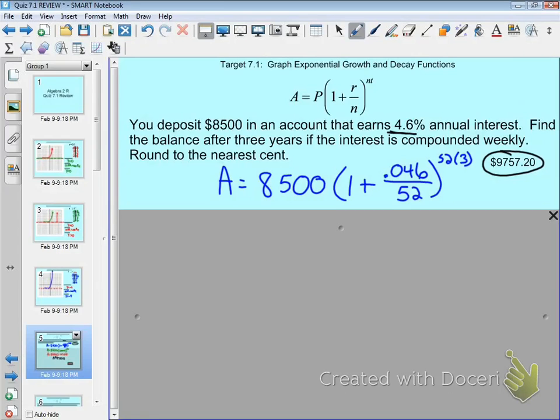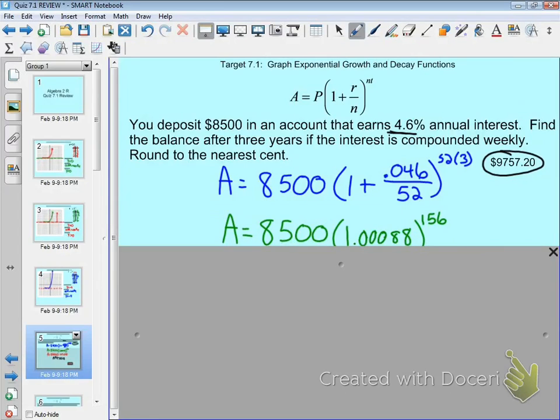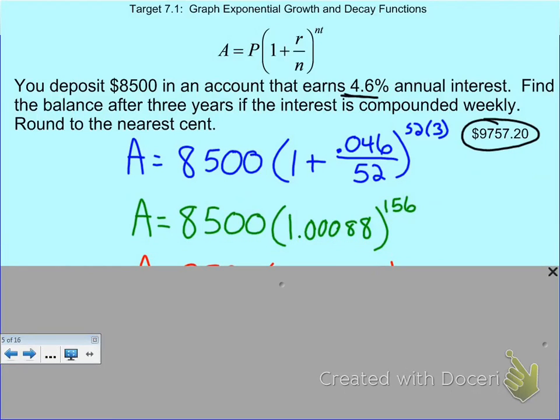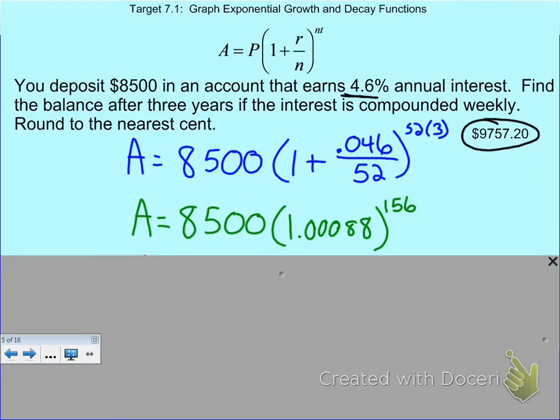Make sure you move the decimal point. Okay, our next line in green here, we divided out the 0.046 divided by 52, and then added it to 1, and we got 1.00088. And then we multiplied the exponent and got 156 as our exponent.